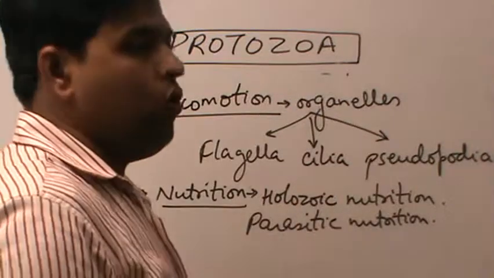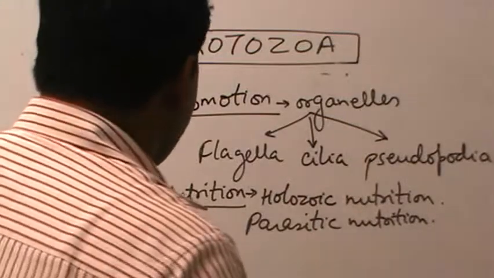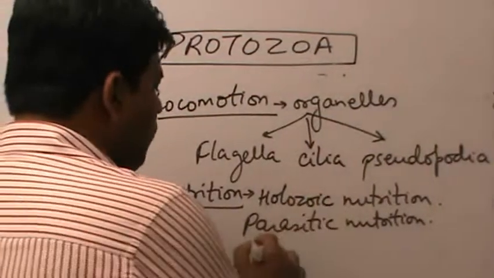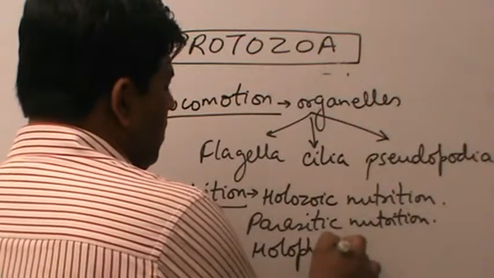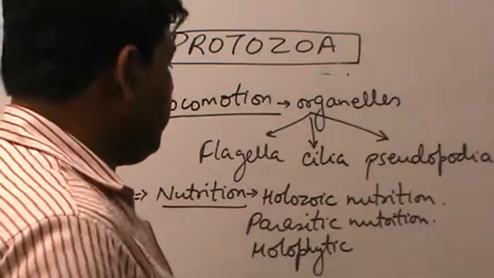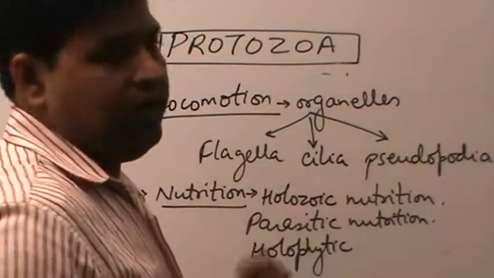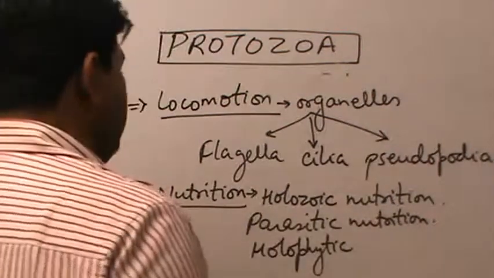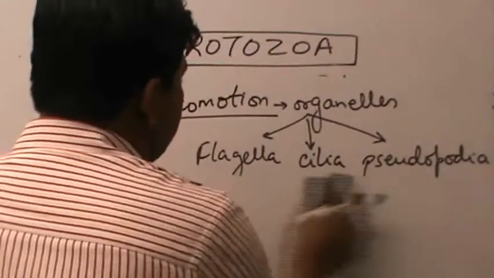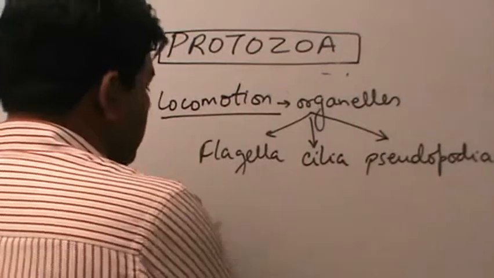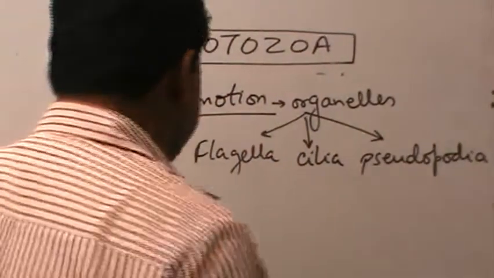That is the holozoic type. When they engulf a plant, it is called holophytic, otherwise holozoic nutrition. So, holophytic, holozoic and parasitic nutrition.